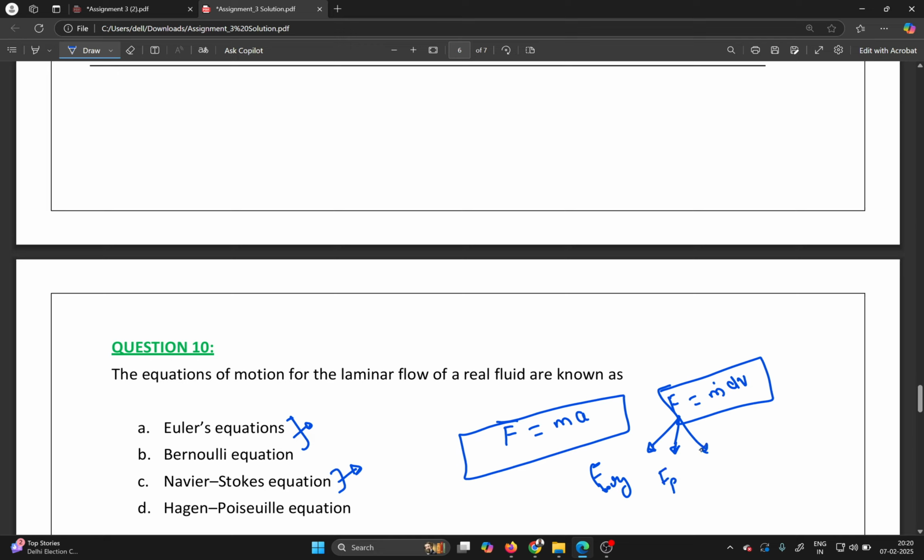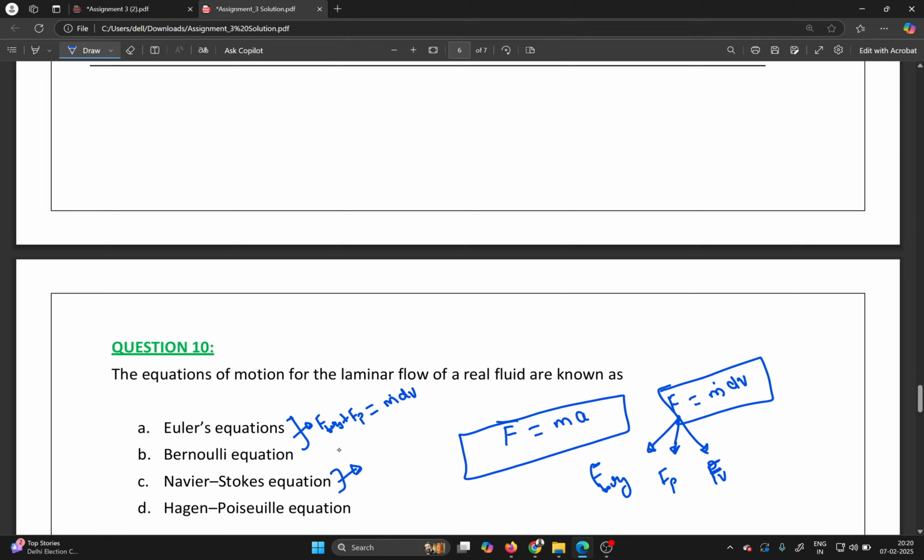Another important force is viscous force, the force due to viscosity of the fluid. In Euler and Bernoulli's equations, mass and velocity are there, but in the force part only two forces are considered: force due to body as well as force due to pressure.